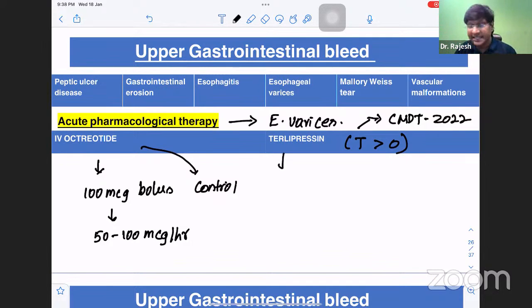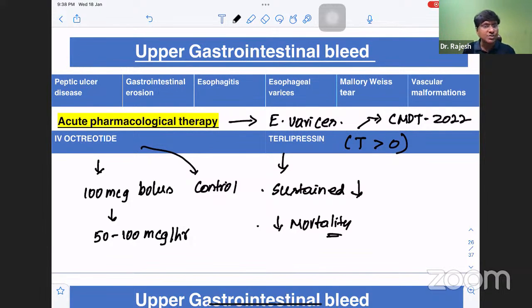In what way is terlipressin more advantageous compared to octreotide? Terlipressin is more advantageous because of its sustained reduction of portal and variceal pressure, and it will also reduce the mortality.